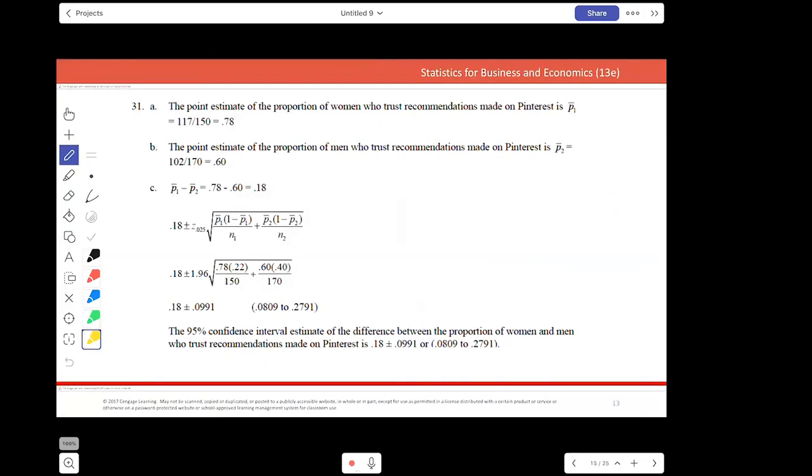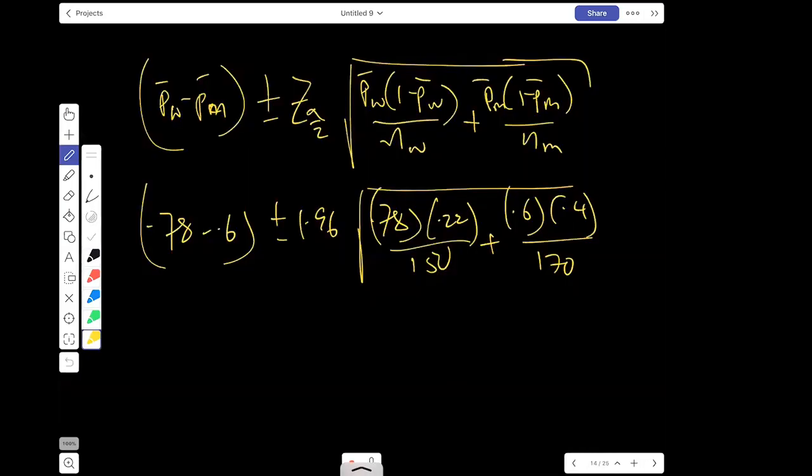You just saw what I did. Here are your answers A and B. And with part C, we have the difference between those two values, which is 0.78 minus 0.6, which is 0.18. That is the point estimate. 1.96 is our Z value, and here's the standard error. So you end up getting 0.18 plus or minus 0.0991.